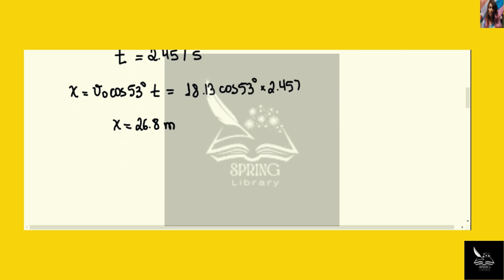And we just want the distance from the wall, so the distance delta x is x minus the distance between the place where the ball was kicked and the wall. So this is 26.8 minus 24, which is 2.8 meters. And this concludes the exercise.